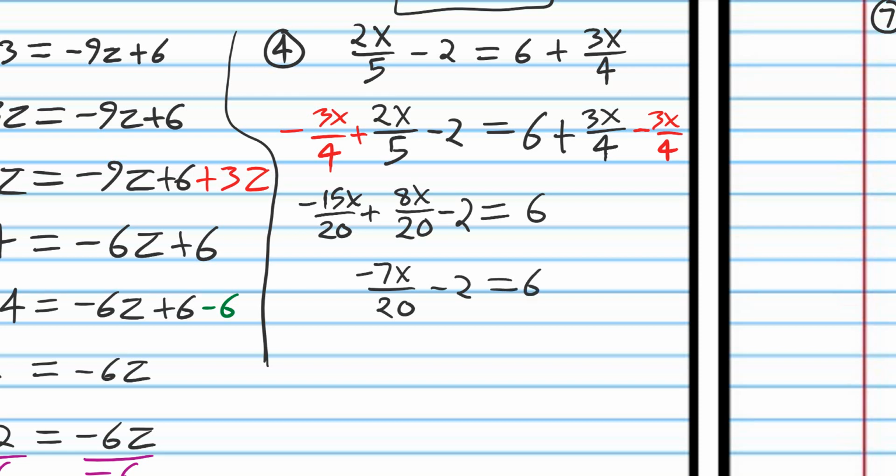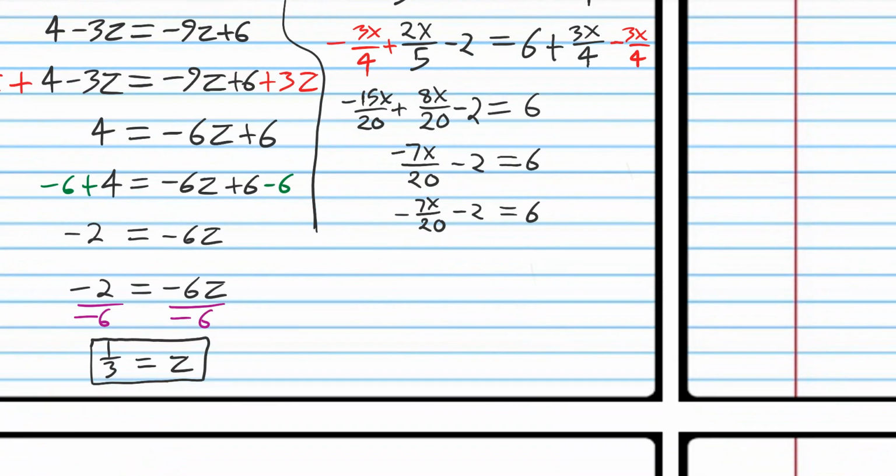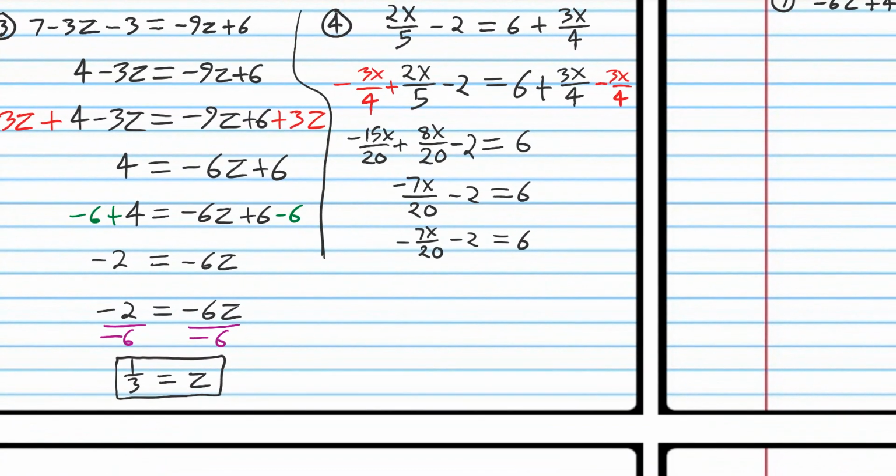So now we're going to have to rewrite that equation to preserve our work. I'm trying to fit stuff between the lines here. And now we're going to add 2 to both sides.